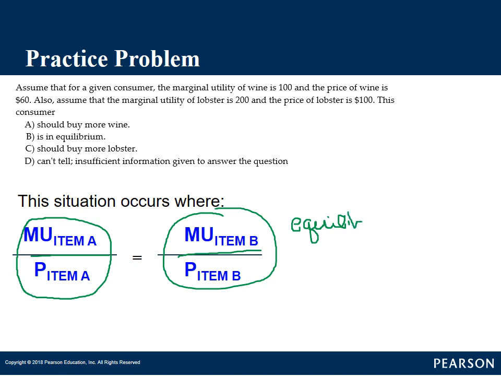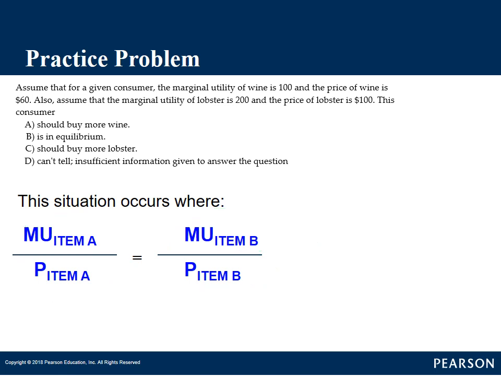Okay, so the first thing that we can do is figure out if we are in equilibrium. And if we aren't, then we can cross off letter B. So let's calculate that out and see. So we have the marginal utility of item A, which is 100. We'll call that the wine. So we have 100 divided by the price of the wine. So 100 divided by 60.